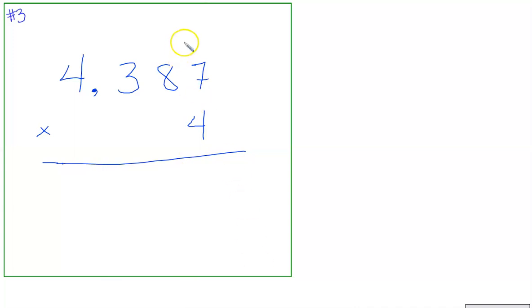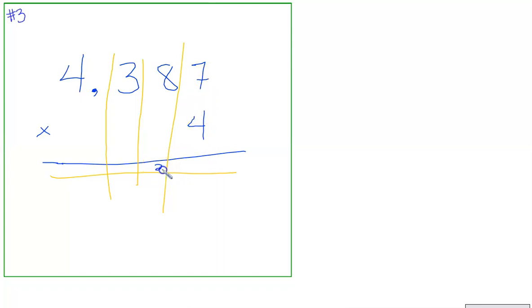Let's set it on up. Whoa. My lines are a little bit crooked there. Let's try that again. There we go. Okay. 7 times 4. 7 times 4 is 28.